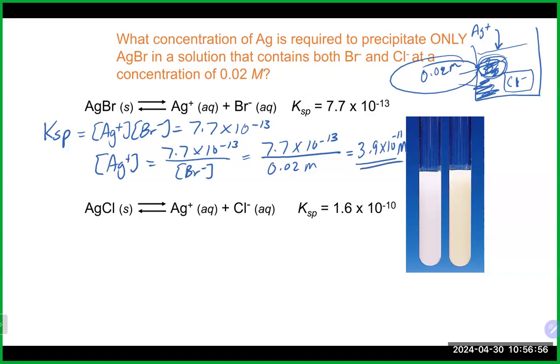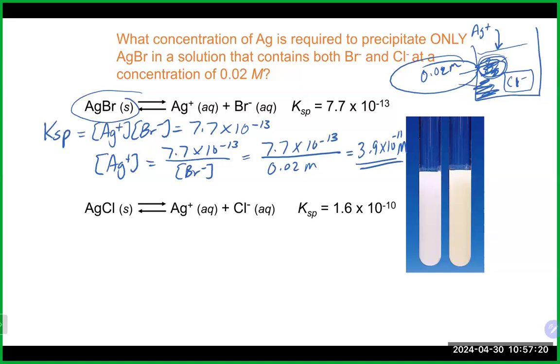That number represents the minimum concentration of silver that's needed to see silver bromide start to precipitate out in this particular example.